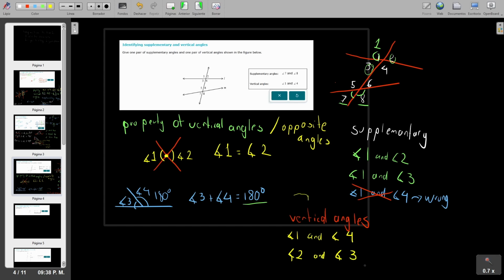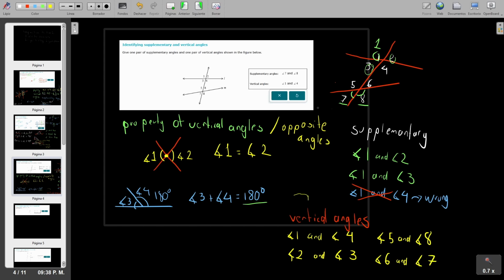Another pair would be angle number 5 and angle number 8, as well as angle number 6 and angle number 7.